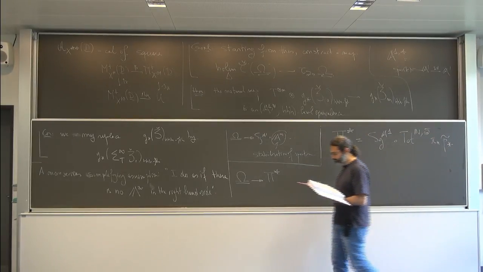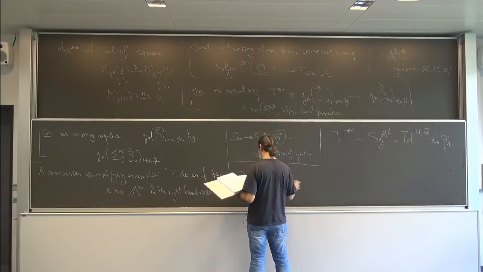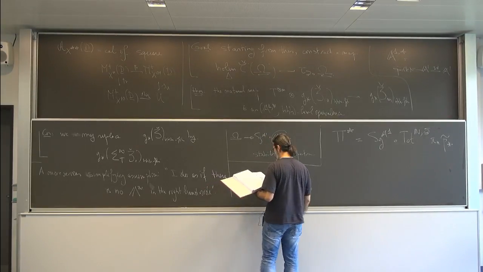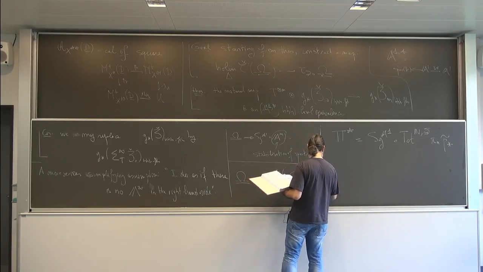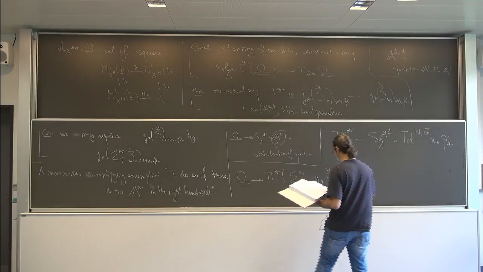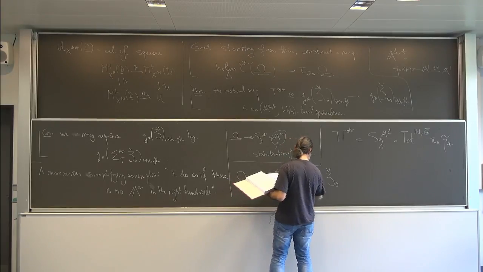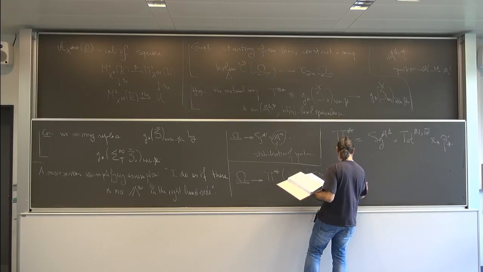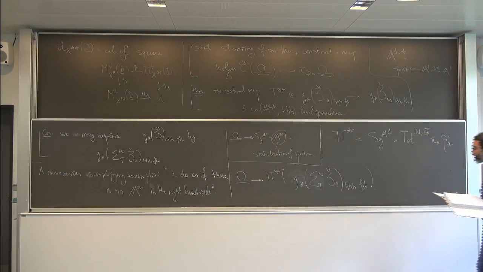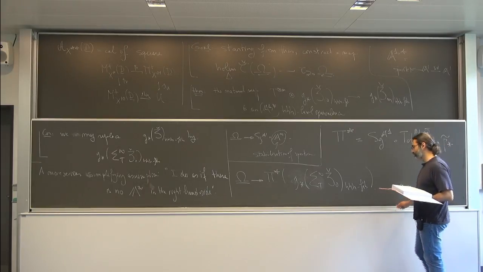I just give a name to this, and I will assume that there is a map from omega to sigma t infinity G, like this. Okay, so I start from here and tell you how the argument goes.